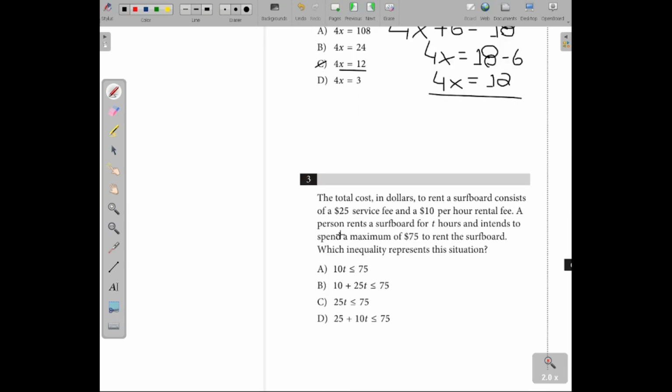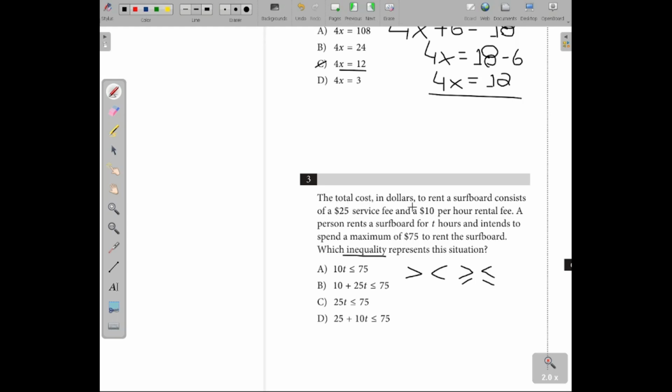Now the third one, this is about inequalities. We know that inequalities are the symbols greater than, less than, greater than or equal, less than or equal. Now let's read.